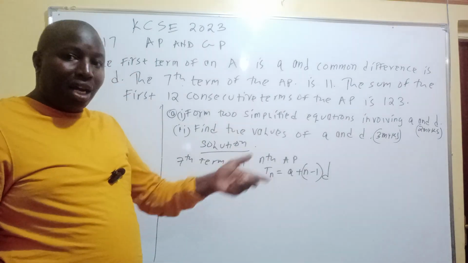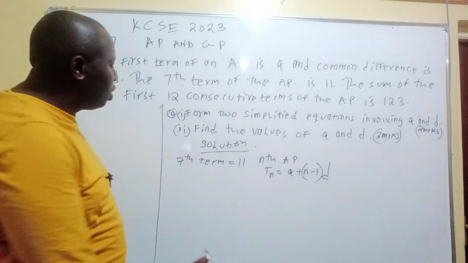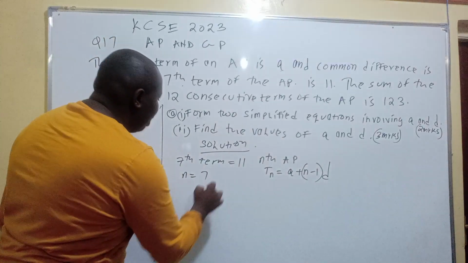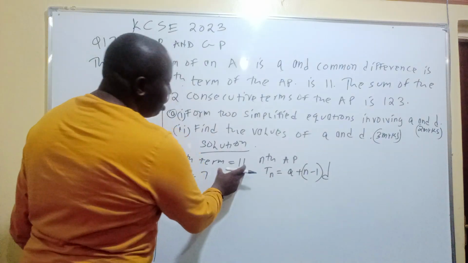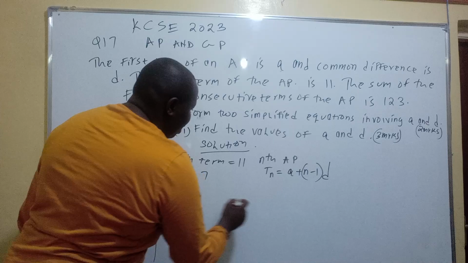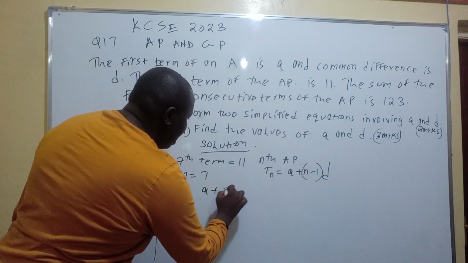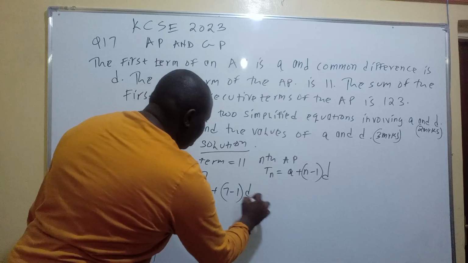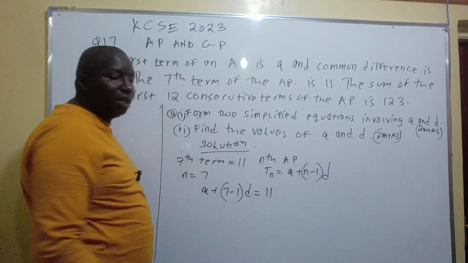When you talk of the seventh term, n is 7, so you substitute n as 7 and equate to 11. You say A plus (7 minus 1)D is equal to 11, where A is the first term and D is the common difference.